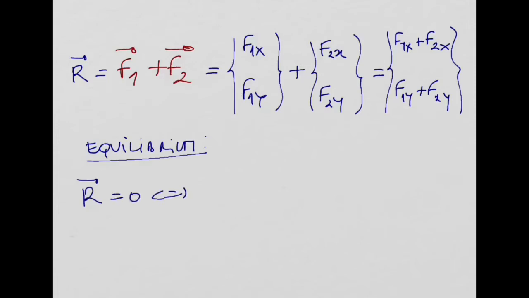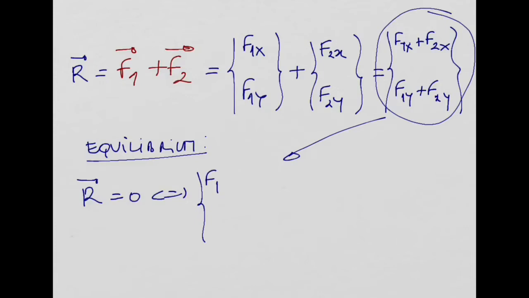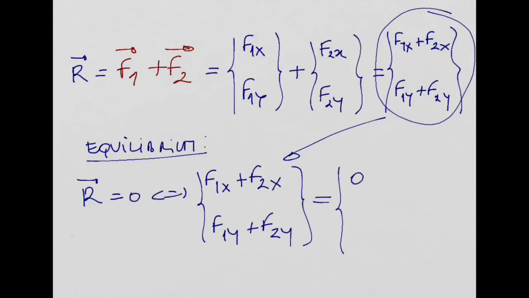Taking our example, this vector here, which is the resultant, I'm just going to put it there: f1x plus f2x, f1y plus f2y. This is my resultant vector. It needs to be equal to 0 so that my particle is in equilibrium. Right? That's what's going to happen.